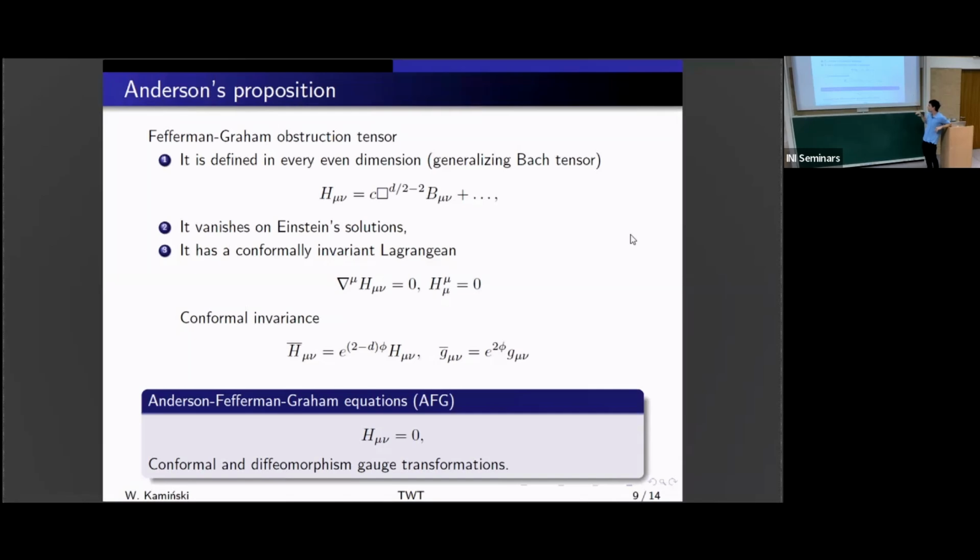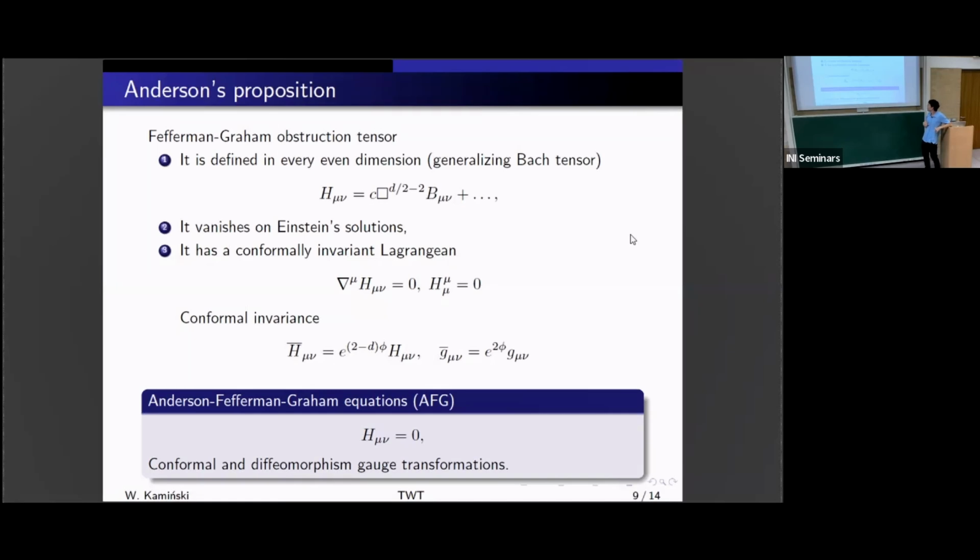I will in a bad way define it in a moment, this Pfefferman-Graham, but it's basically some special tensor that has this form that the leading term is box, so the Laplacian, the Lambertian, to some high power on the Bach tensor plus some lower order terms. Okay, and also it has a conformally invariant Lagrangian.